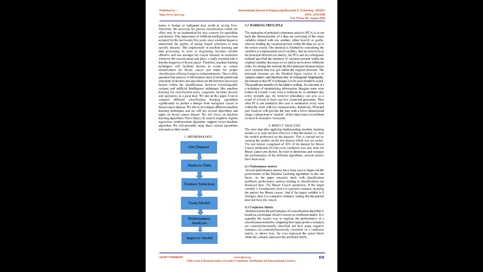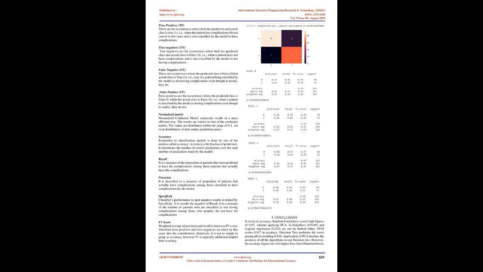3.1 Working Principle. The main plan of principal component analysis, PCA, is to reduce the dimensionality of a data set consisting of many variables related with one another, either heavily or gently, while holding the variation present within the data set, up to the utmost extent. The same is done by transforming the variables to a new set of variables, which are called the principal components, or simply, the PCs, and are orthogonal.